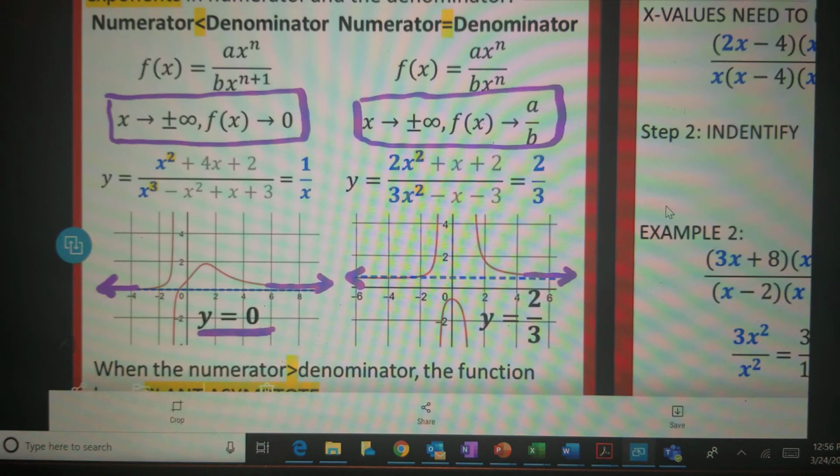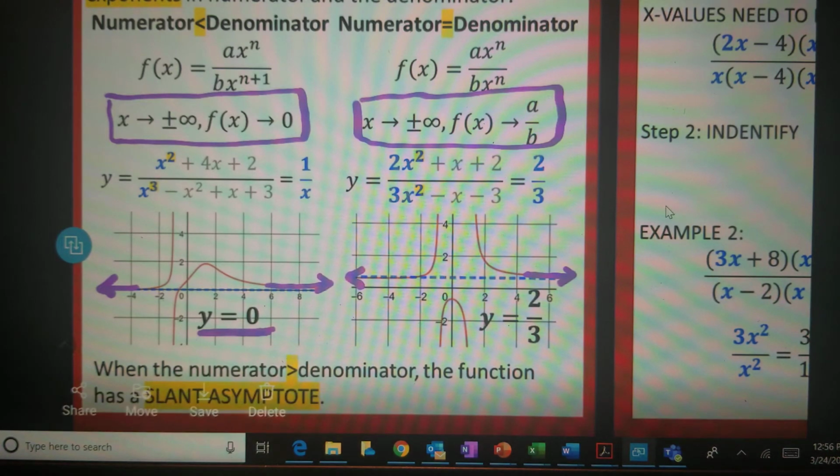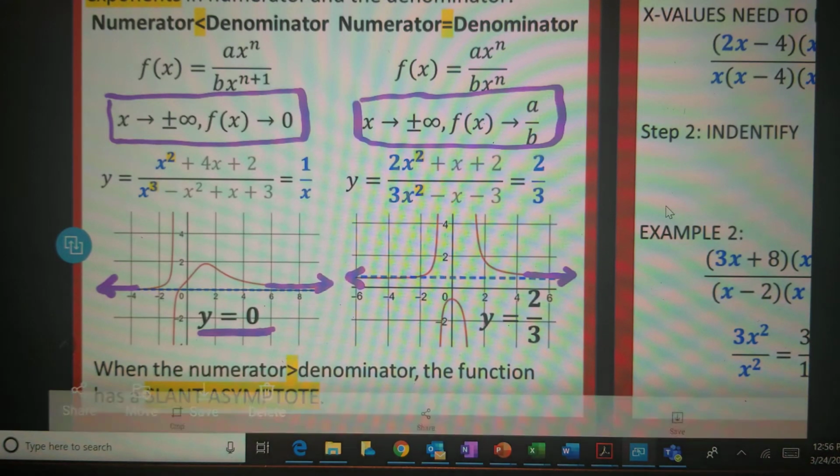You're going to get a horizontal asymptote that's whatever the ratio of their coefficients is, in this case 2/3. And so that's what happens. It approaches 2/3. And so we say the horizontal asymptote is this line at 2/3, y equals 2/3.